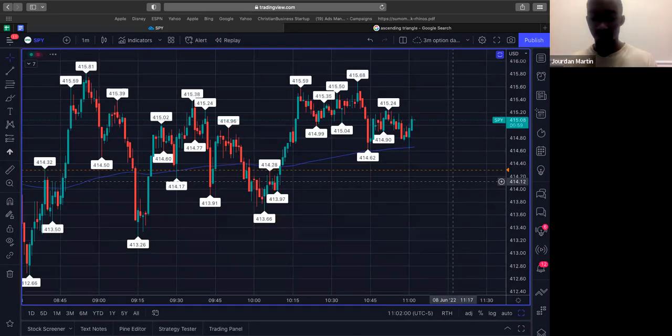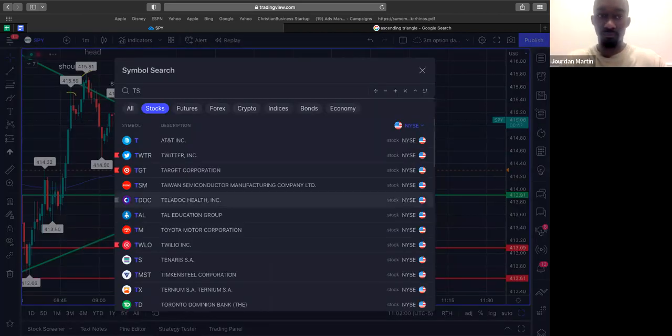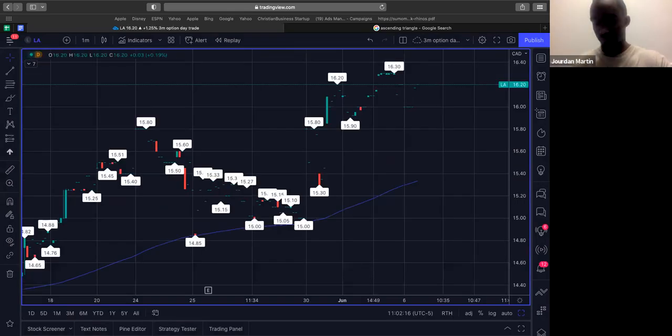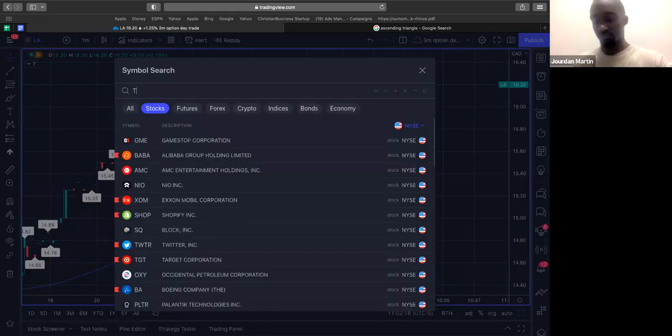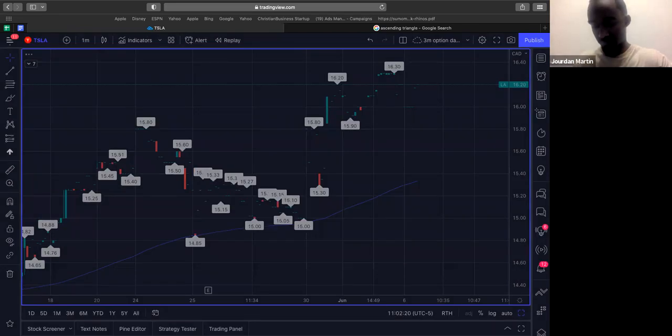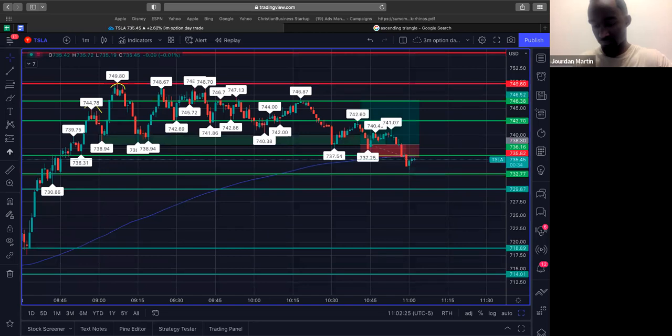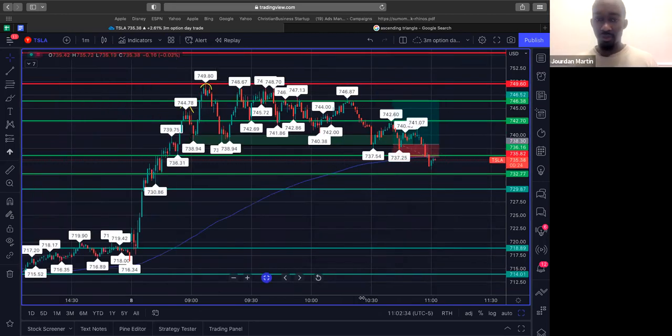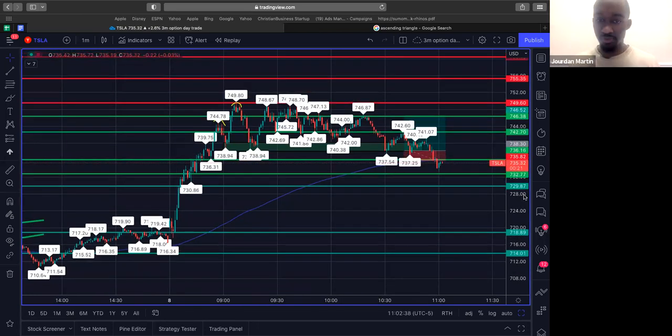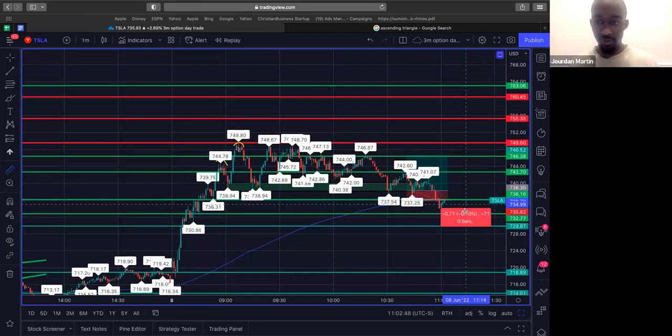SPY. Tesla. Tesla on the put side looks kind of interesting too, because there's a lot of room down below if Tesla does decide it wants to drop.